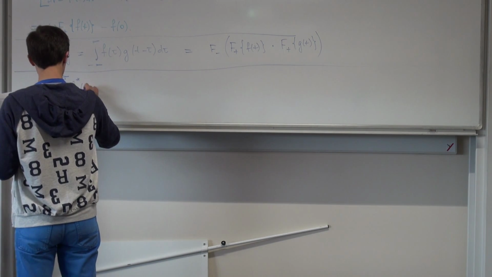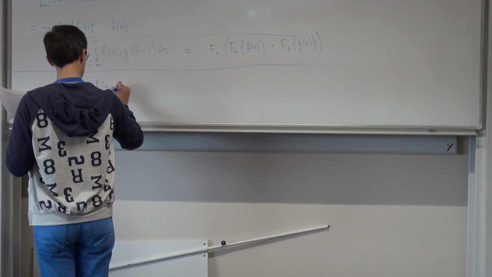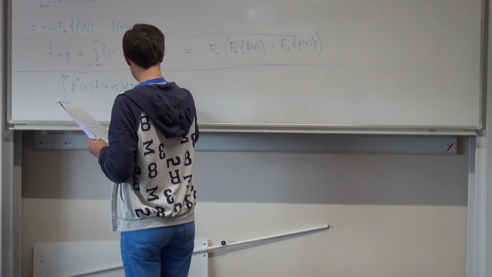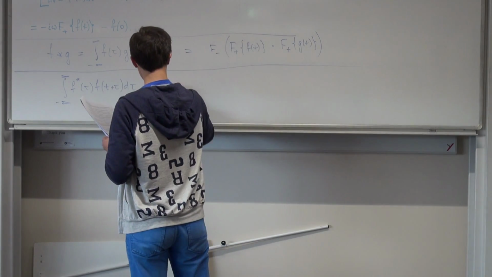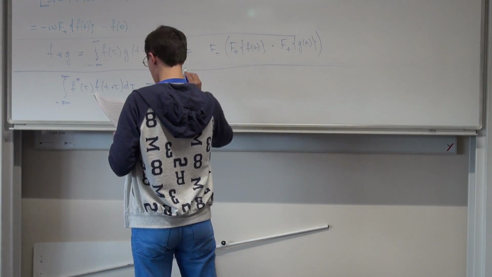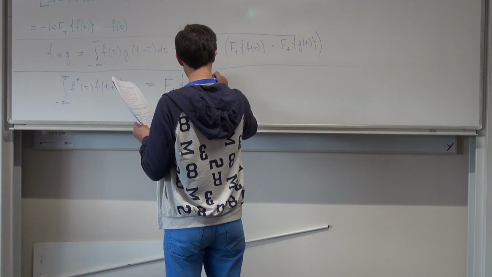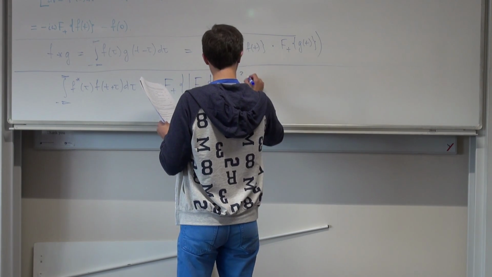It's the integral of f star of tau, f of t plus tau d tau, and it just happens to be, as a corollary of this, equal to the inverse Fourier transform of the modulus of F of f of t, squared.